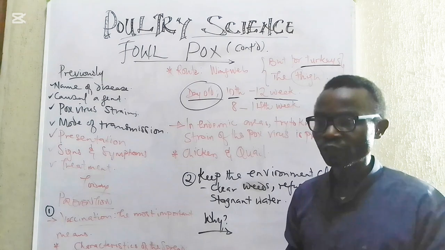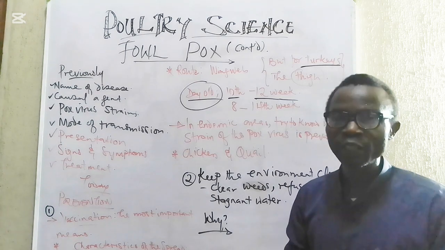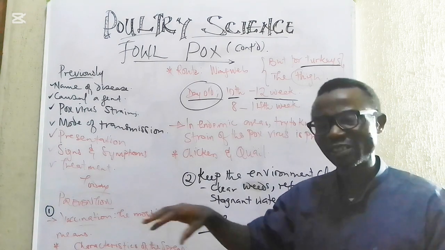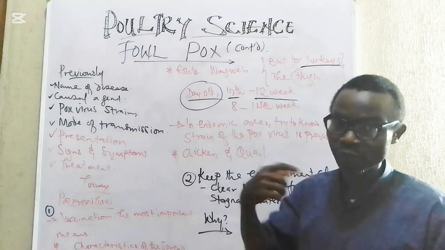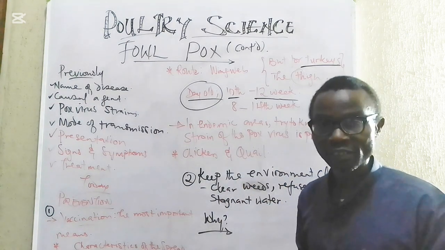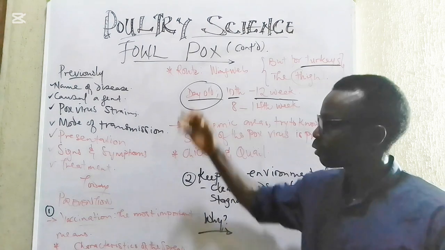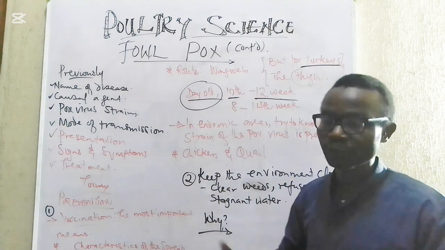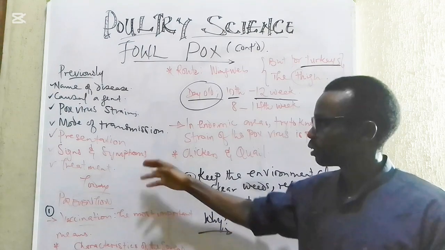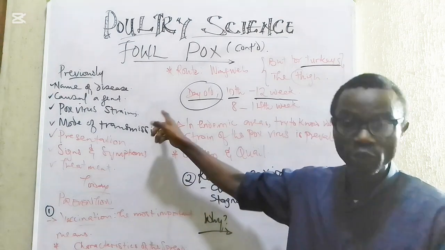It's good to take samples to the laboratory to determine the actual strain. I talked about 6 strains of it in the previous video. The very first one, we had the Ratatite strain of fowlpox, the virus that causes fowlpox.